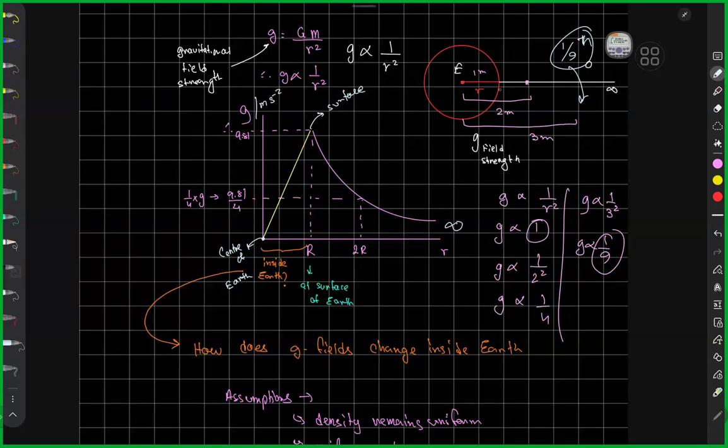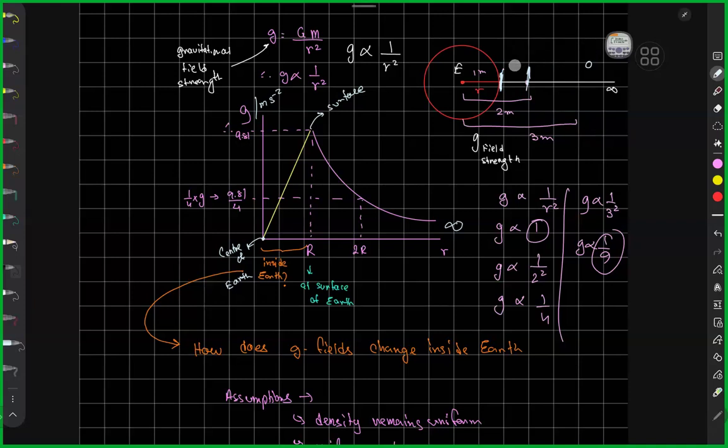If force is F on the surface, force will become 1/4 of F at 2 meters away. And if force is F on the surface, force will become 1/9 of F 3 meters away. This is how proportionality works, and it's very, very important for you lot.